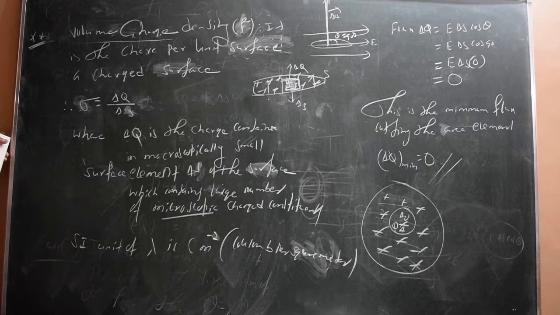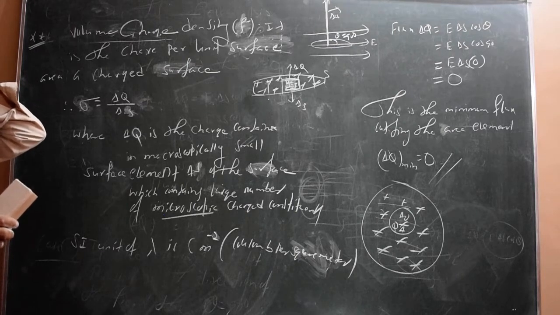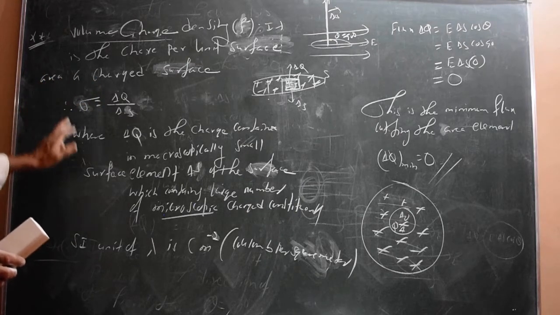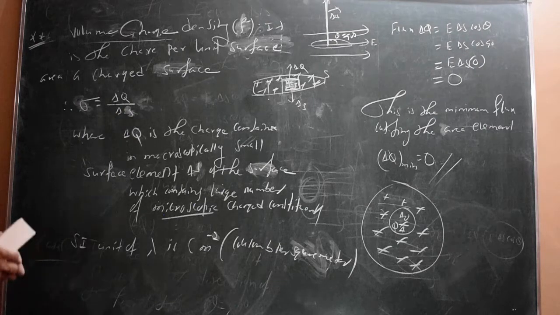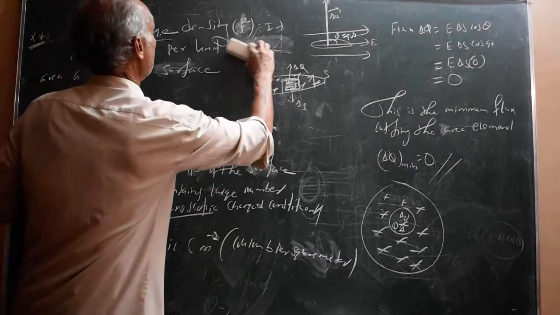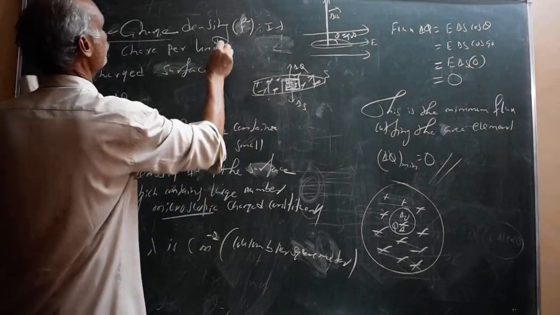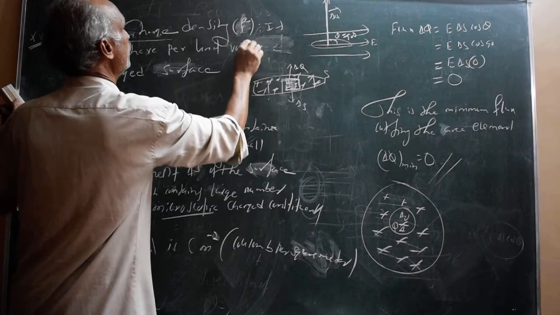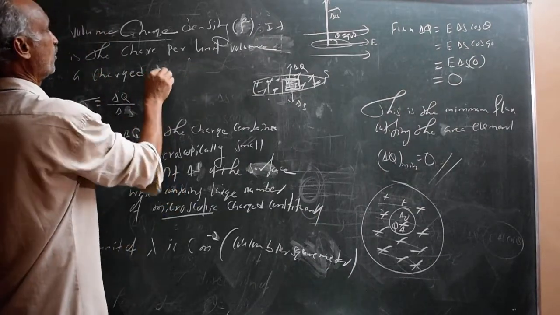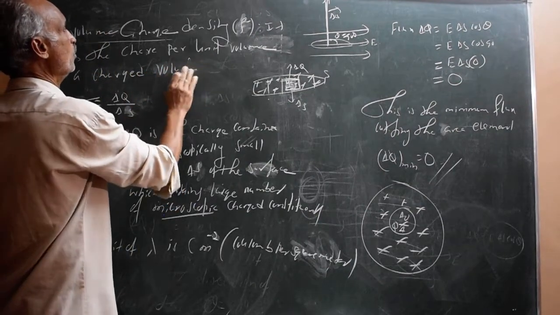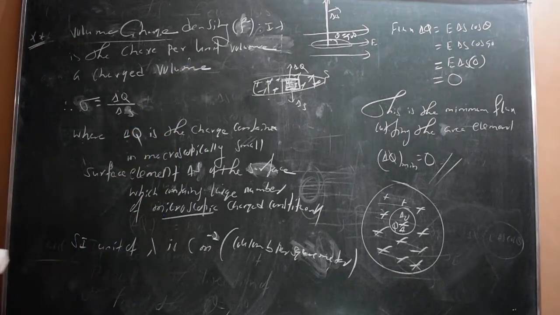In the previous definition it was charge per unit surface area; here it is the charge per unit volume of a charged volume.